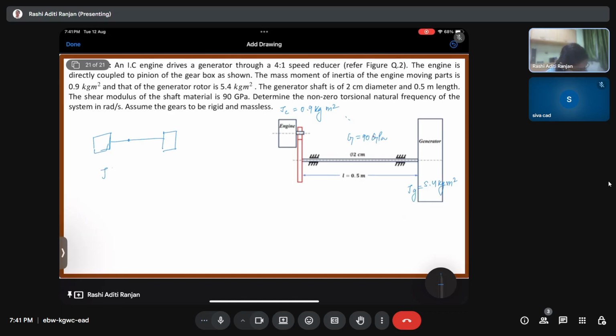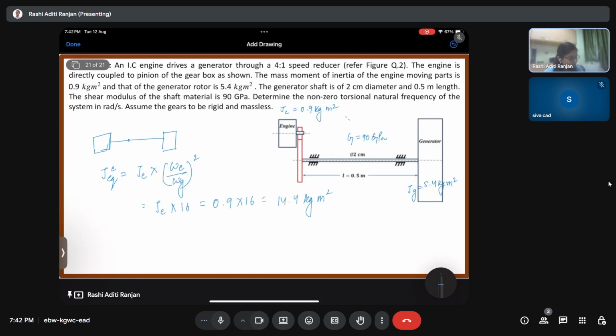So J E equivalent is going to be, if you remember from the previous one, JE into (omega E by omega G) square. Omega E by omega G is 4:1. So JE into 16, which is 0.9 into 16, and it will give us 14.4 kg meter square.